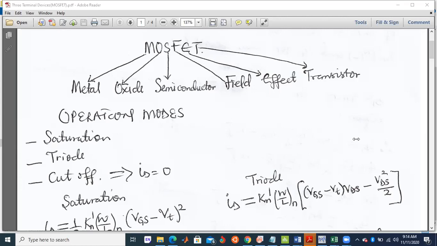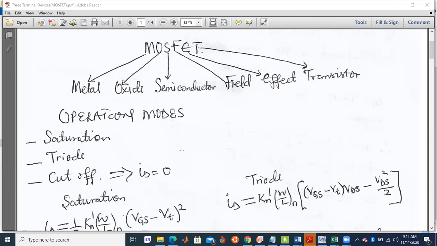Sometimes from the question, it will not be stated whether the MOSFET is operating in the triode region or the saturation region. But there is a determining equation for knowing whether a particular MOSFET is in the triode region or the saturation region.